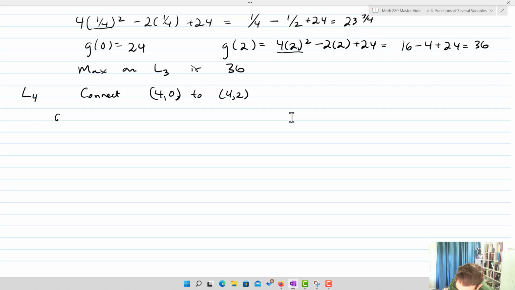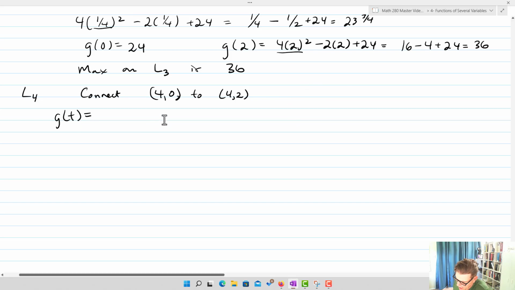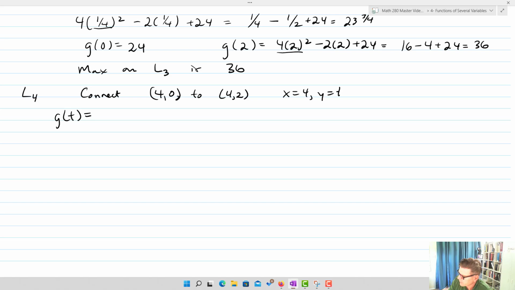So g of t is going to equal, when I plug in x equals 4 and y equals t, what I'm going to get is 4t squared minus 10t plus 24.